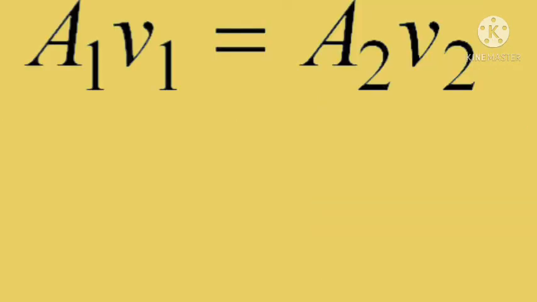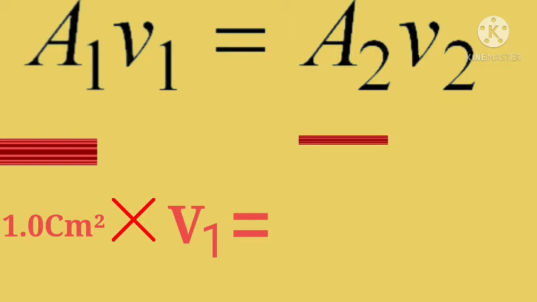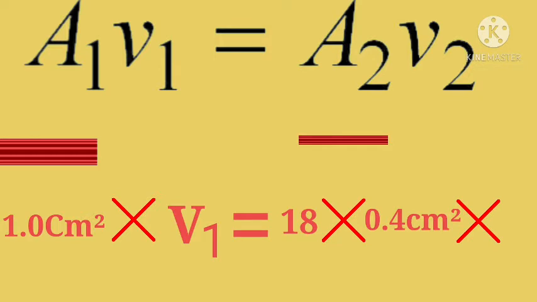So we have the equation here, that is A1 V1 equal to A2 V2, and we have A1, that is the major artery, and we have one major artery, and we don't know about the V1, and we know A2 are the smallest arteries, so we have 18 smallest arteries, and we don't know about the V2 as well.